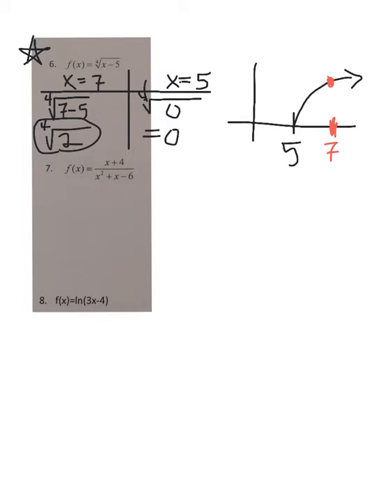So therefore, is number 6 continuous at x equals 5? Your answer is going to be no. Okay, so over here on the left, is it continuous at x equals 7? My answer is yes. Over here, your answer is no, because the limit from the left doesn't equal the limit from the right.